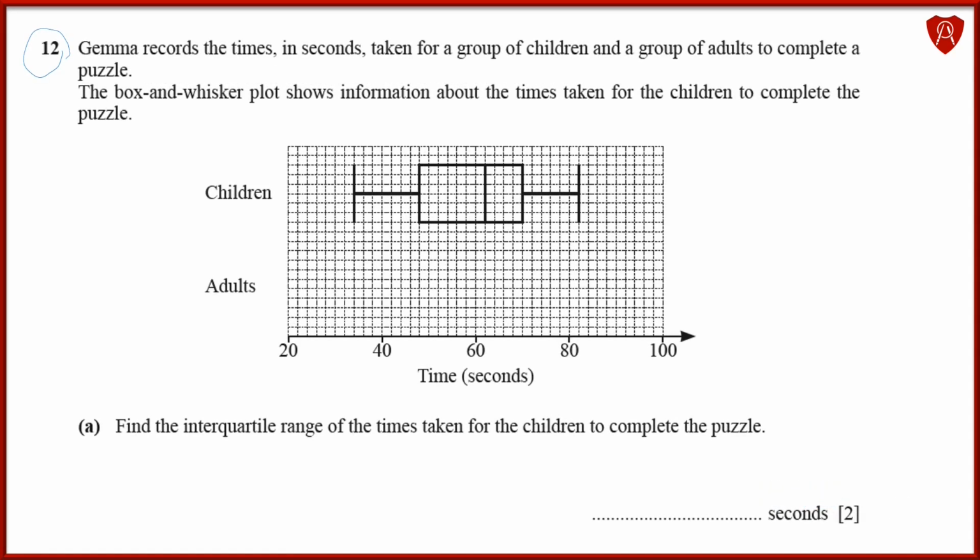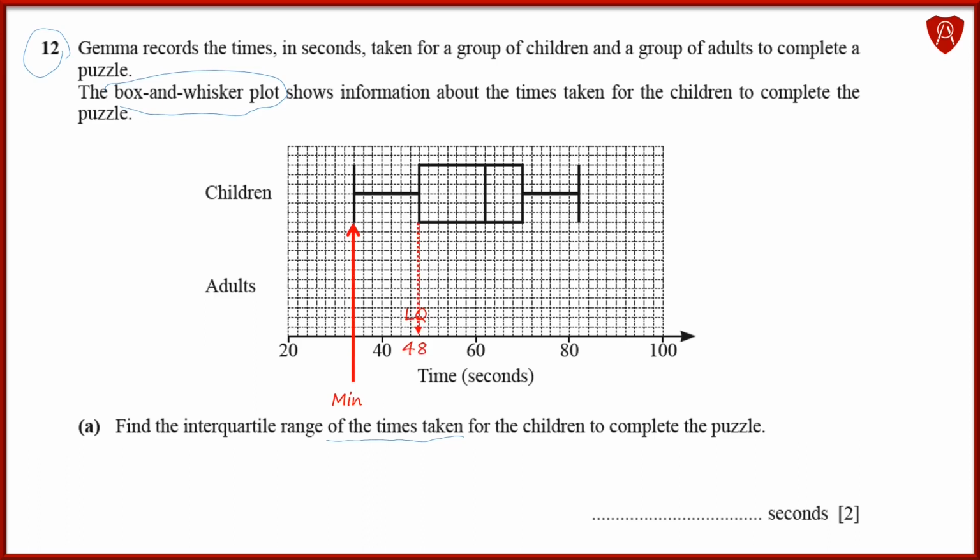Question 12 is about the box and whisker plot. Find the interquartile range of the times taken for the children to complete the puzzle. Remember how to interpret the box and whisker diagram, that is minimum value.